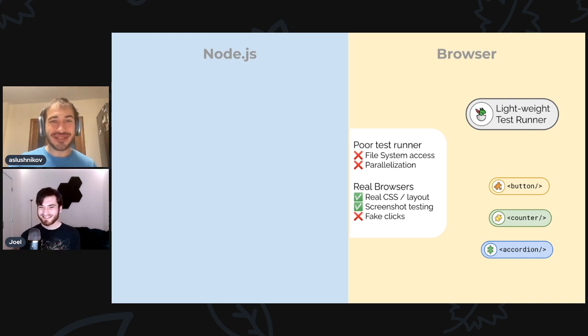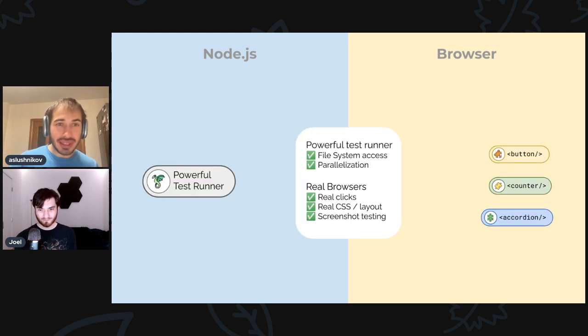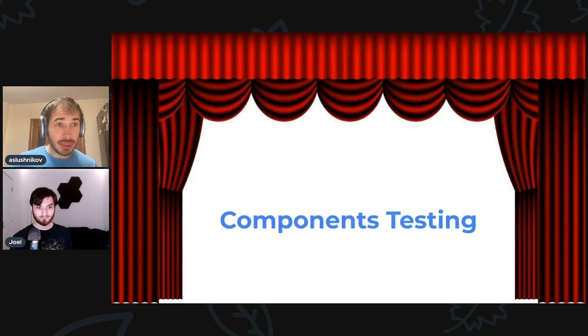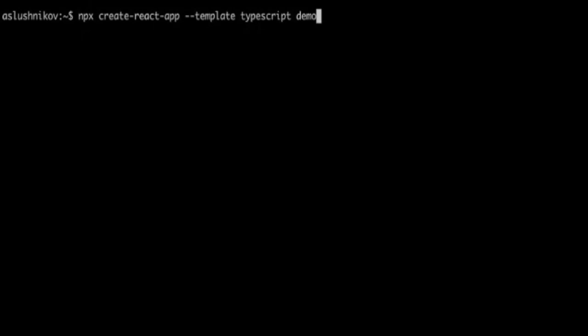Now, to get the best of two worlds, we actually have to put the test runner into Node.js land and keep your components in the browser. And this is what we have, and I have a small demo to show. Let me share my screen. For this demo, I came prepared.